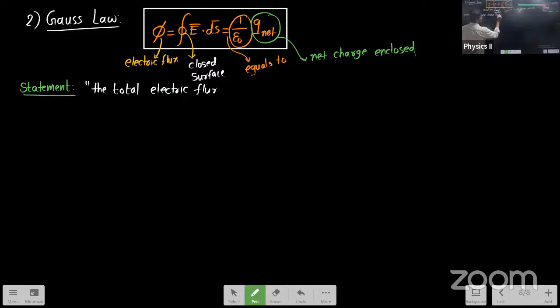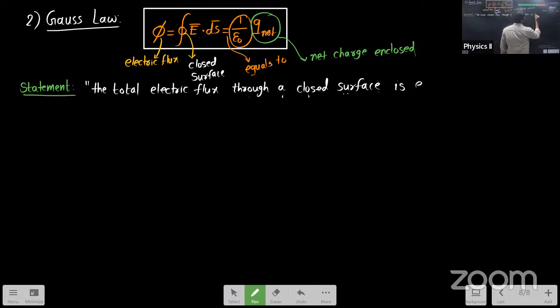Electric flux, ये electric flux किसमें से जा रहा? Through a closed surface. The total electric flux through a closed surface is equal to what? 1 by epsilon naught times the net charge enclosed.